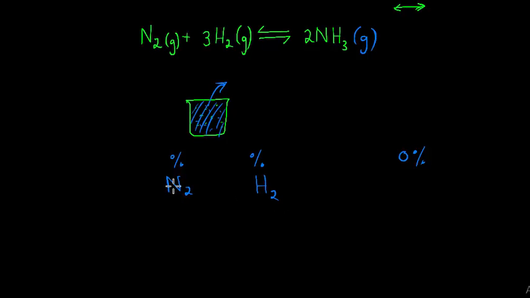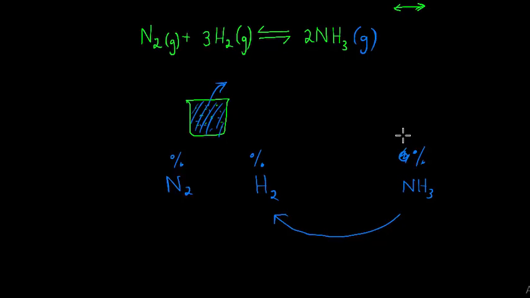But now, as nitrogen and hydrogen are reacting with one another, they are producing a certain percentage of ammonia. So it's not zero anymore. And as ammonia is produced, it is also slowly decomposing back into nitrogen and hydrogen.